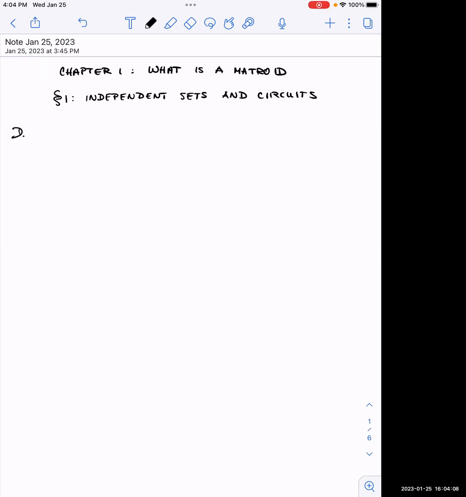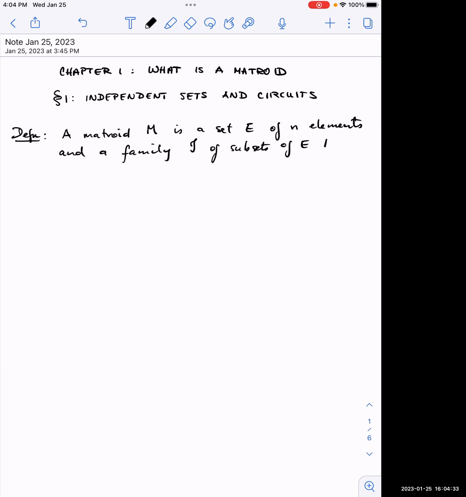So definition. A matroid M is a set E of n elements and a family I of subsets of E that satisfies the following.